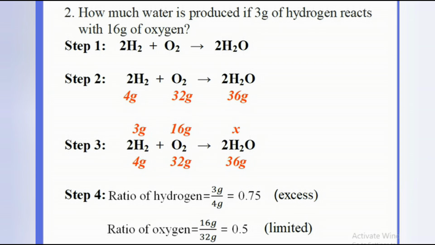Like in the previous example, in the fourth step, we will determine the ratio of the two reactants to identify which reactant is the limiting reactant and which one is the excess reactant.